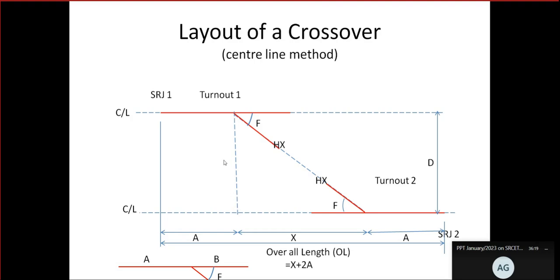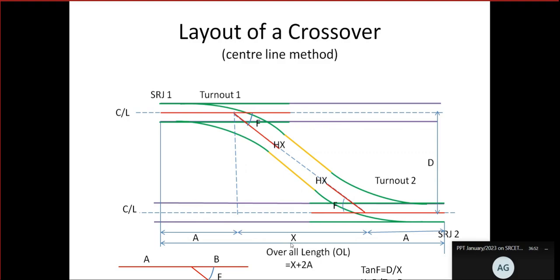This is D. So we have to find out X. Opposite by adjacent side equals tan F, so X equals D by tan F, X equals D cot F. Once we know the value of X, we will be able to find out the overall length, that is equal to X plus 2A. X, A plus A.